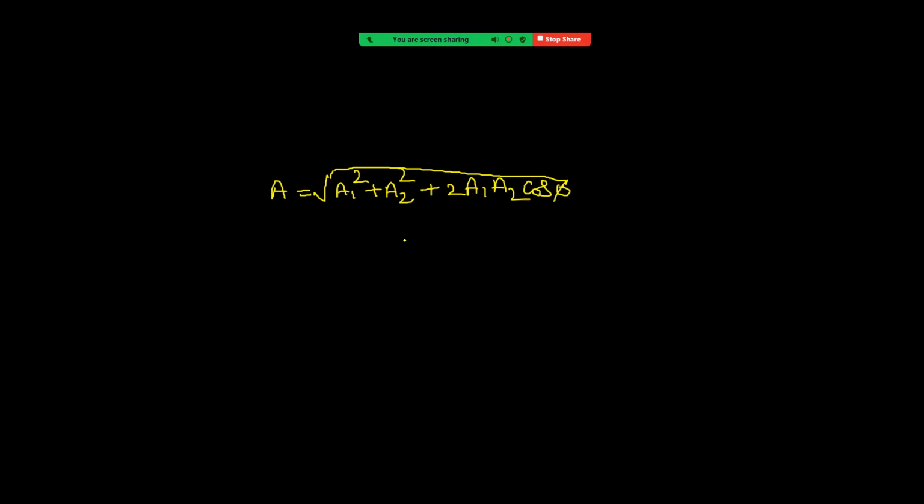Now in this, if phi equals 0, 2 pi, 4 pi and so on, that means we can generalize that if phi equals 2n pi, then A becomes A1 plus A2, which means the amplitude becomes maximum.